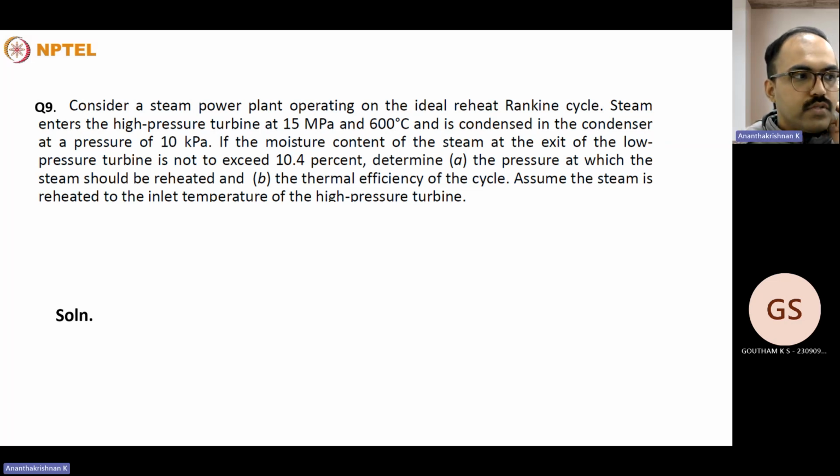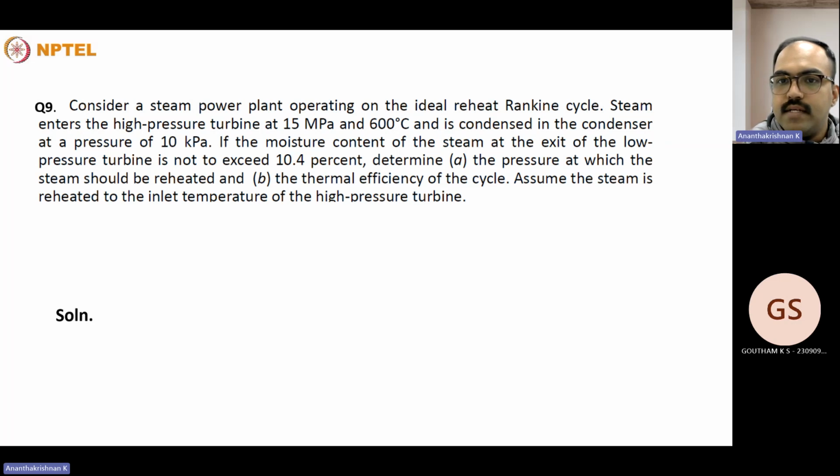Look into the numerical question. This is the first numerical question for this session. Consider a steam power plant operating on the ideal reheat cycle.